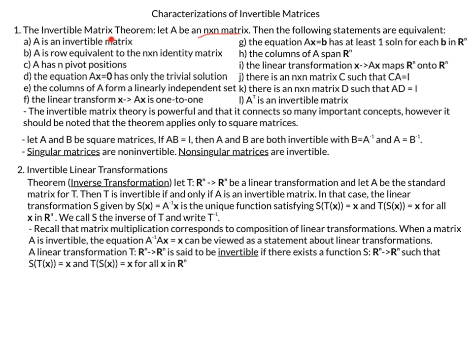Or if any one of these statements you find to be false, then all the statements are false. The invertible matrix theorem is powerful because it connects so many important concepts. However, again, it should be noted that the theorem applies only to square matrices.